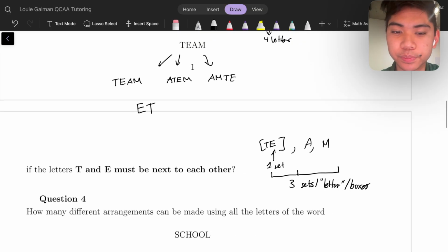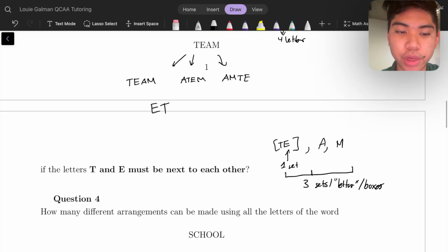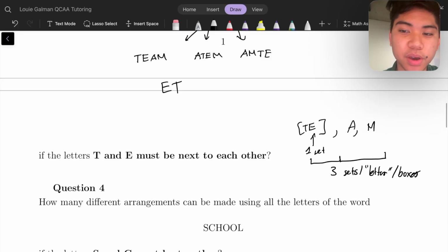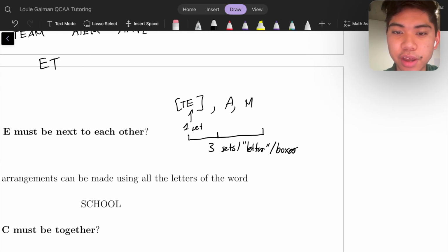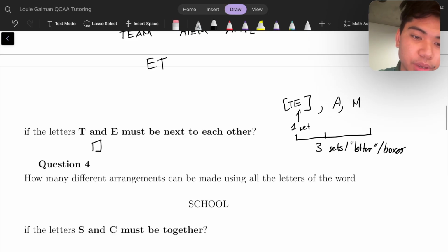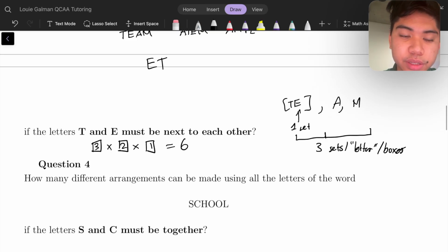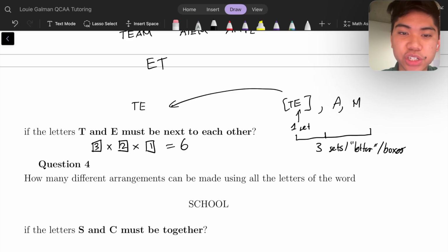And so the block method says that we have 3 boxes, so we have 3 different sets that we can put. So we do 3 factorial, okay? So that gives us 6. But given that one of our blocks is multiple letters, we can have multiple combinations for that box, okay?